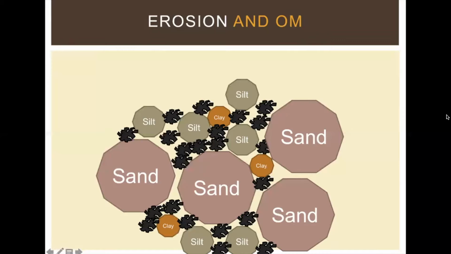So this is going to increase the aeration there, and it also improves soil aggregates. So if it improves soil aggregates and improves soil structure, it's going to increase drainage, right? Just like we see here, the water penetrating through the soil now.